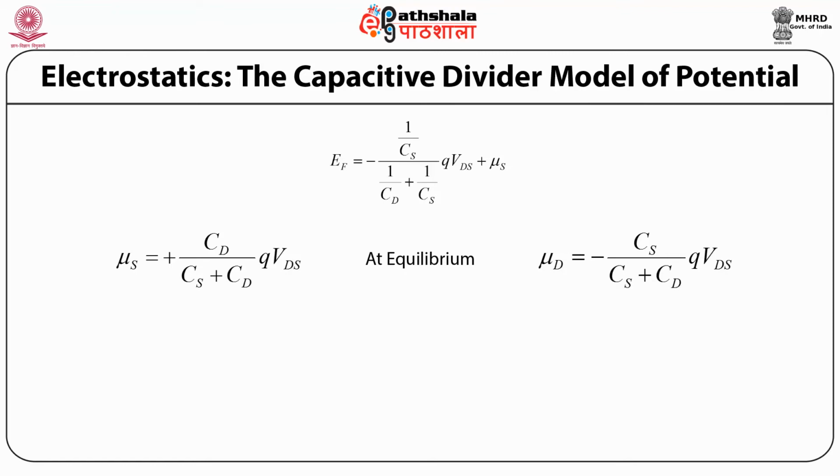Mu D is equal to minus CS by (CS plus CD) multiplied by QVDS.